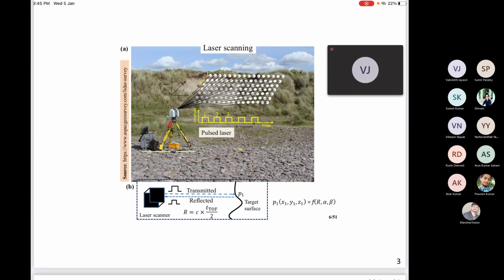As you see on the terrain, the white color circles represent target points. They are the various target points, and their coordinates are acquired in the internal coordinate system of the LiDAR system.